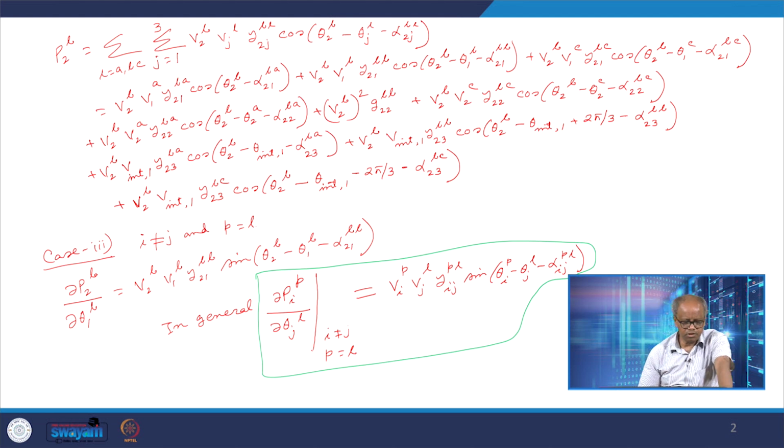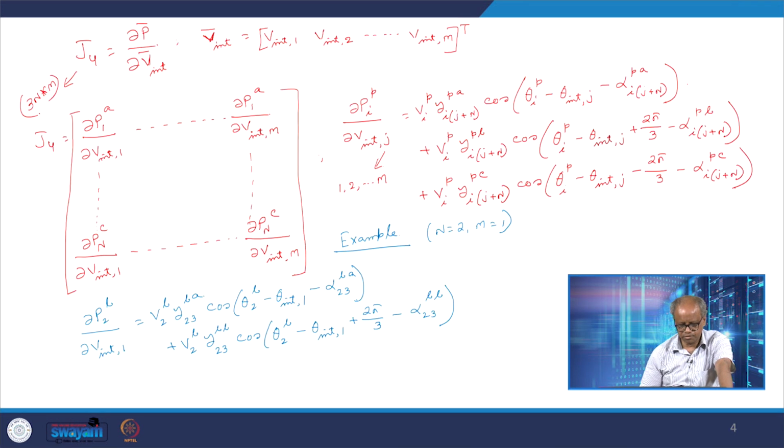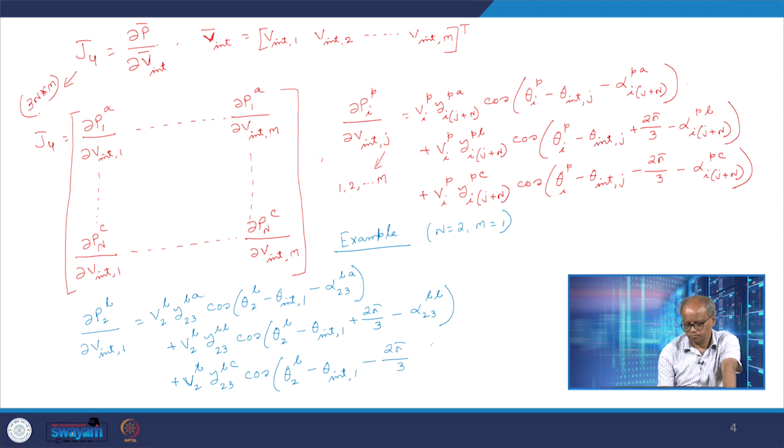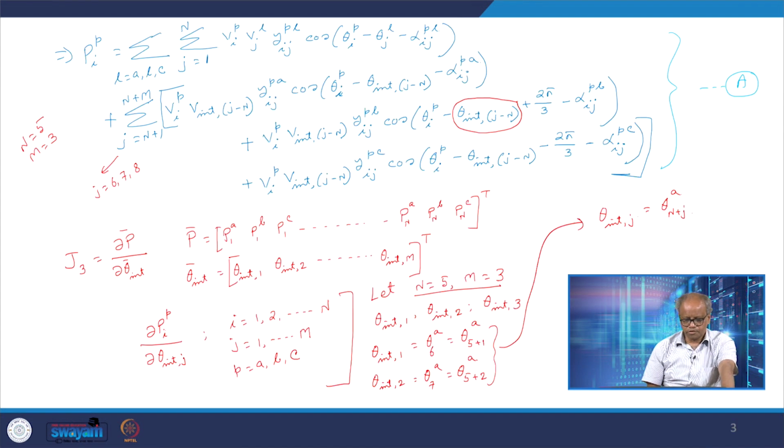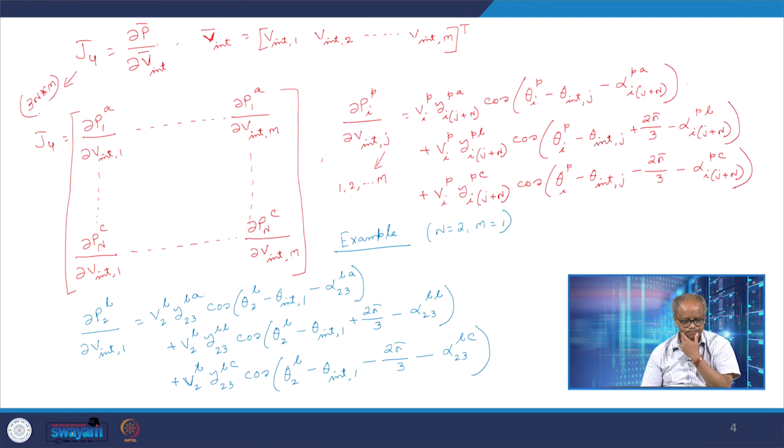Plus V2B Y23BC cosine theta 2b minus theta internal 1 minus 2 pi by 3 minus alpha 23 BC. So that is the case.